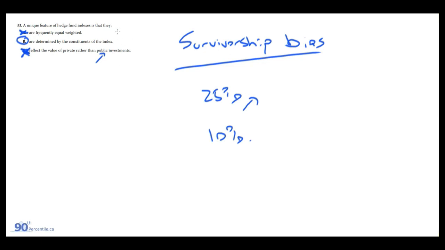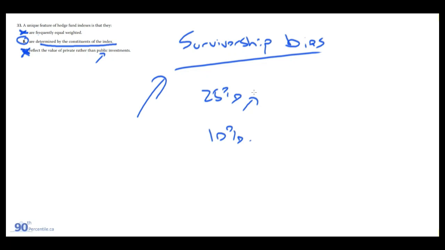So the values of hedge fund indexes are determined by those who actually report their returns. So survivorship bias makes return calculations a little bit more difficult to gauge for the entire hedge fund universe.